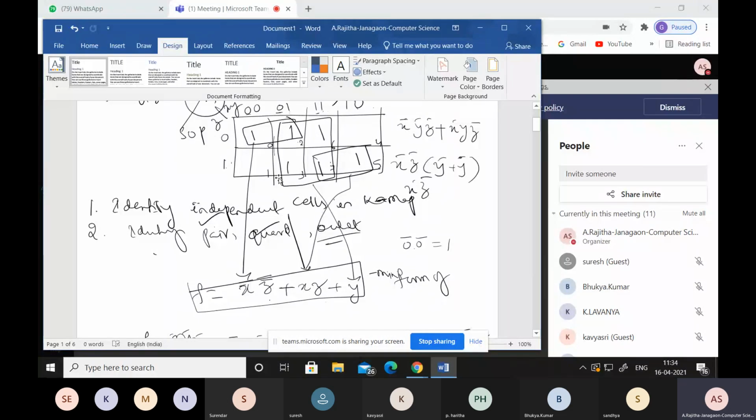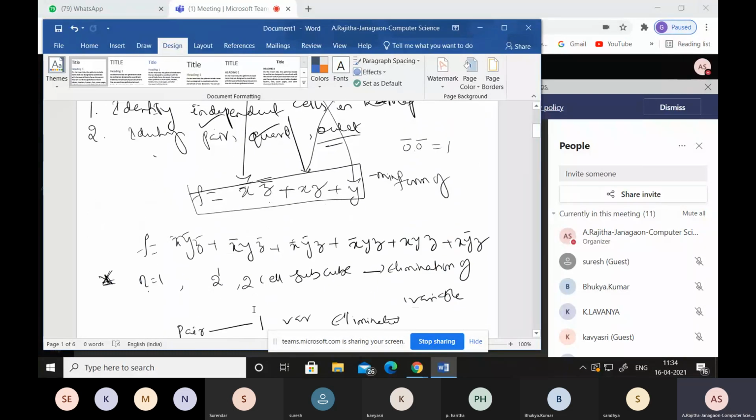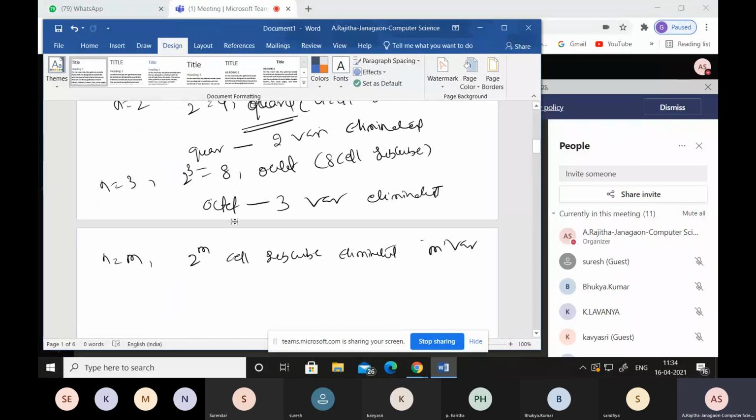Now for a quad with 3 variables, 4 cells are required for forming the group. From 4 cells, how many variables are removed? 2 are removed. That means out of 3, only 1 remains. This is the concept, and this is the important note.